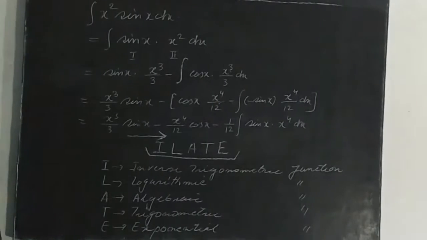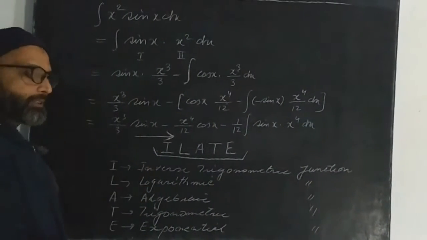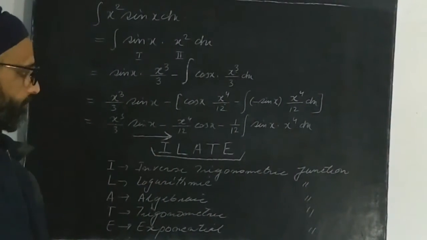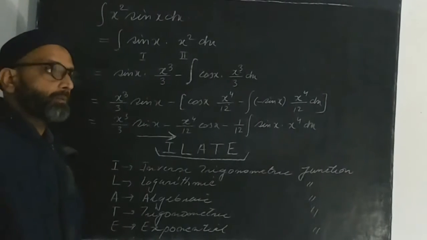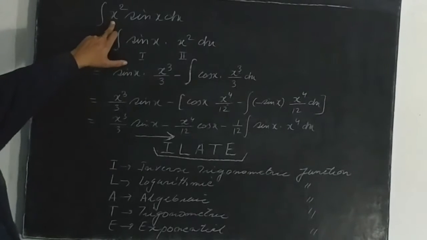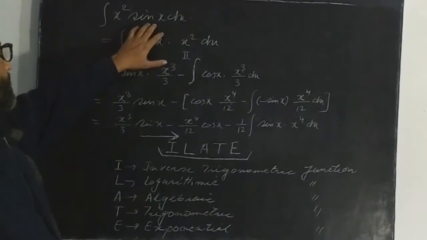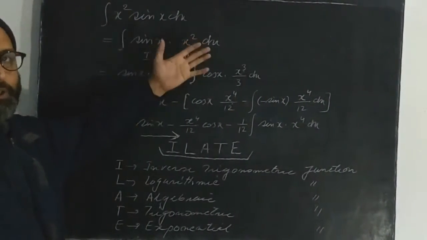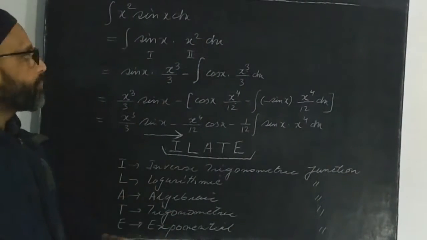So if we take the first and the second function in this sequence, we will never have any problem. So if you see, we took x square as the first and sin x as the second function initially, so our integral was very simple.